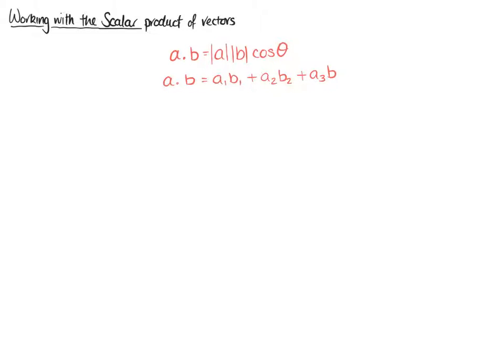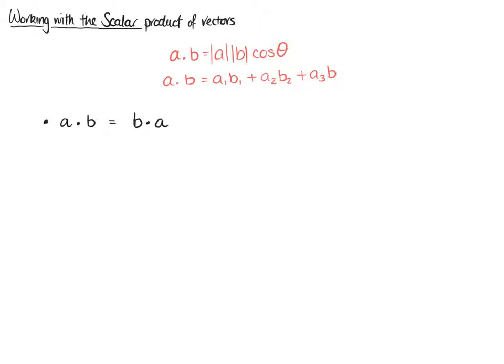One of these is that with the scalar product, it doesn't matter which way round they go. You still are going to get the same answer. So the scalar product of A and B is the same as the dot product of B and A. This is just a helpful little thing to remember.